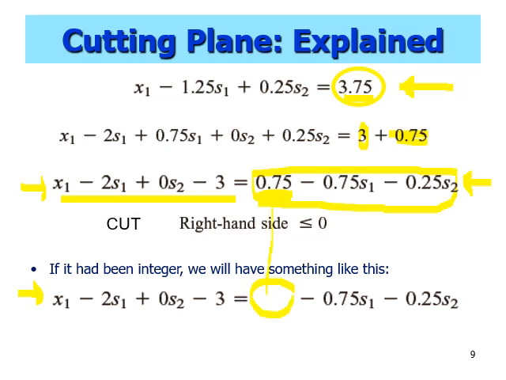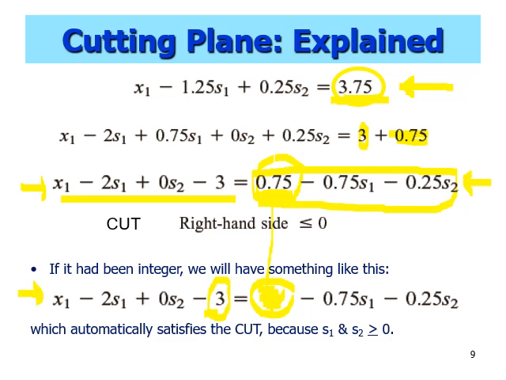Because 3.0 is an integer, so 3 only belongs to the left-hand side and nothing on the right-hand side. You have 0.75 here because your solution is 3.75 originally. Now suppose that this is 3.0. So this is how it would look. You have 3 on the left-hand side, but then you have nothing on this part.